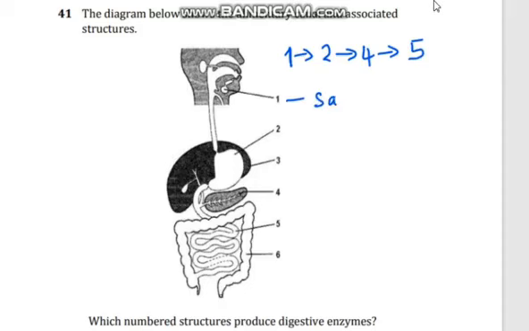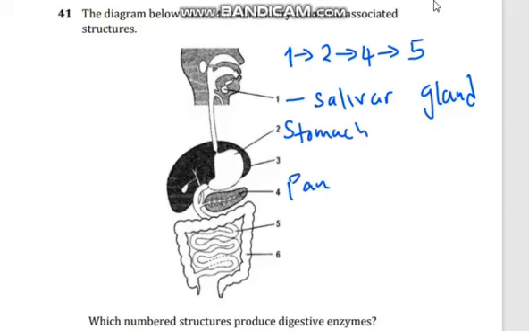This is the salivary gland. You really need to know these things. Part 2 is the stomach, which produces the gastric juices that contain the enzyme pepsin. Part 4 is the pancreas, very important. It also produces pancreatic juice.